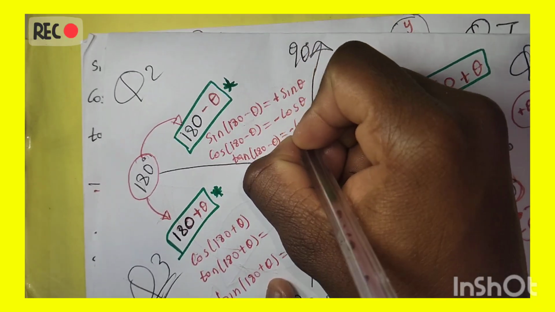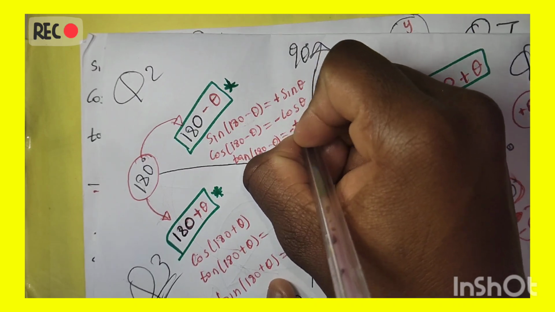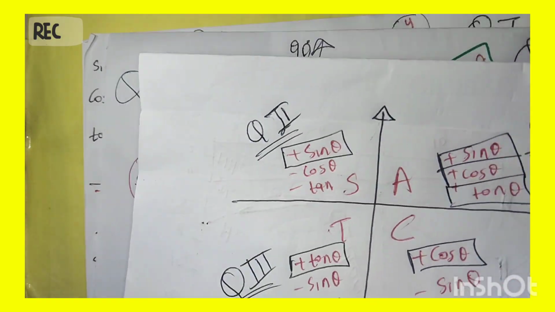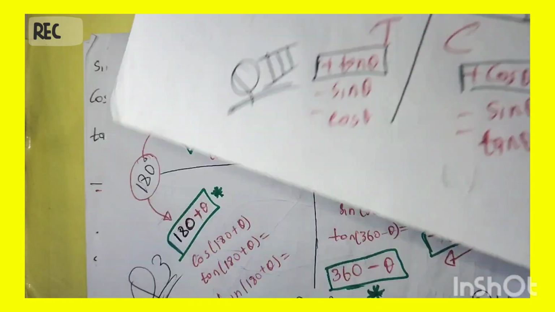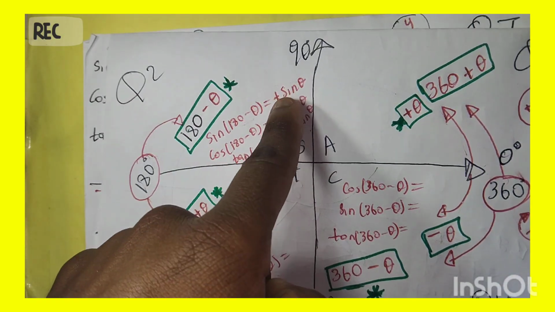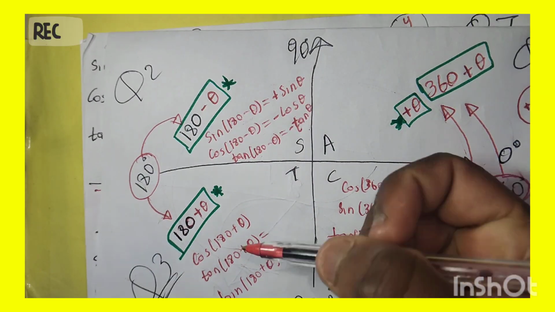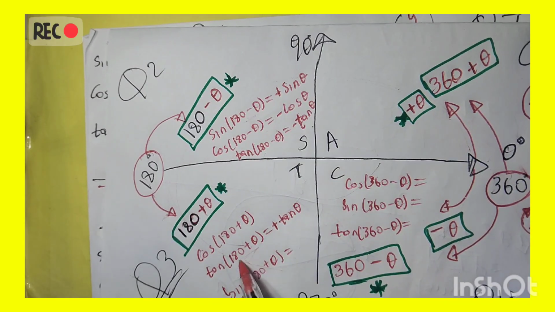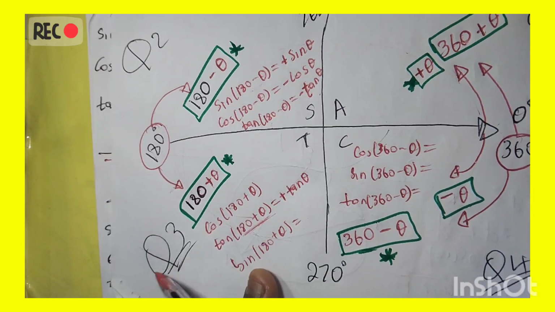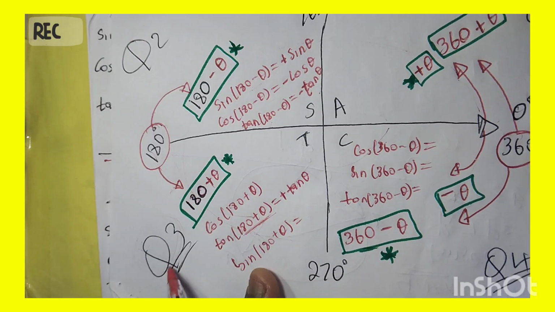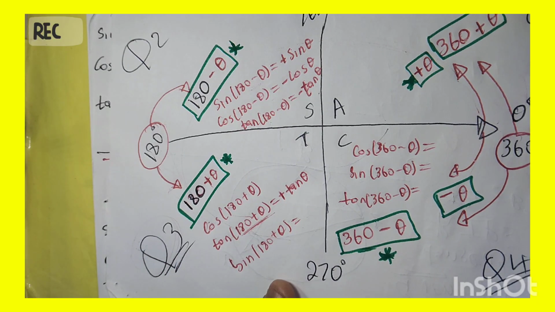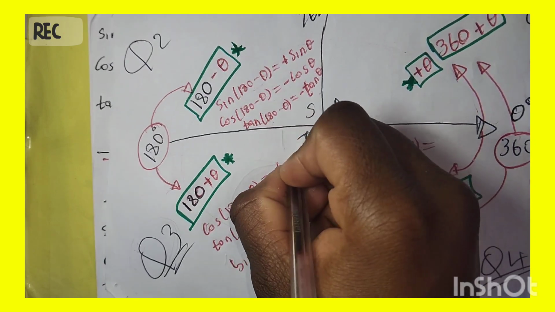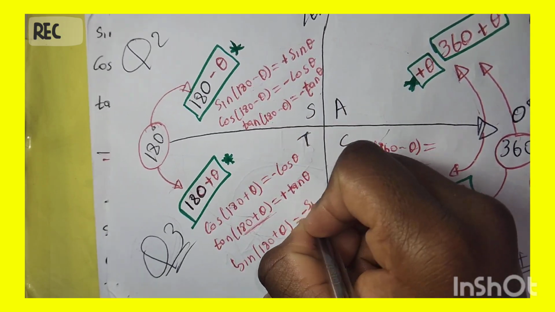Remember from what we just learned, where there is S, that's positive sine, where there is T, there is a positive tan. This is a position in the third quadrant, so here it's negative cos and negative sine.